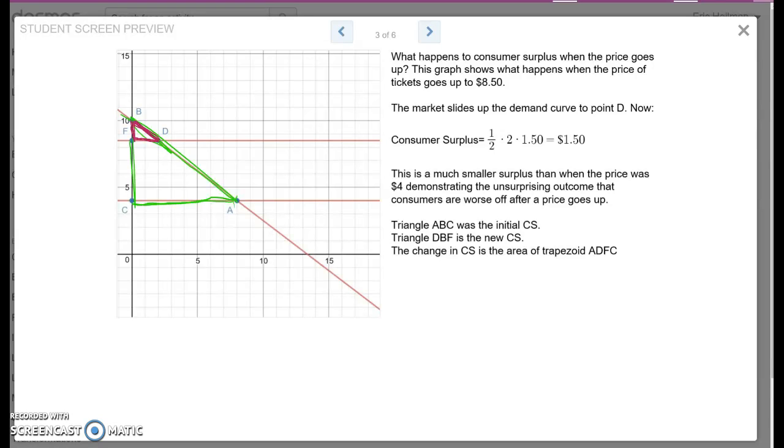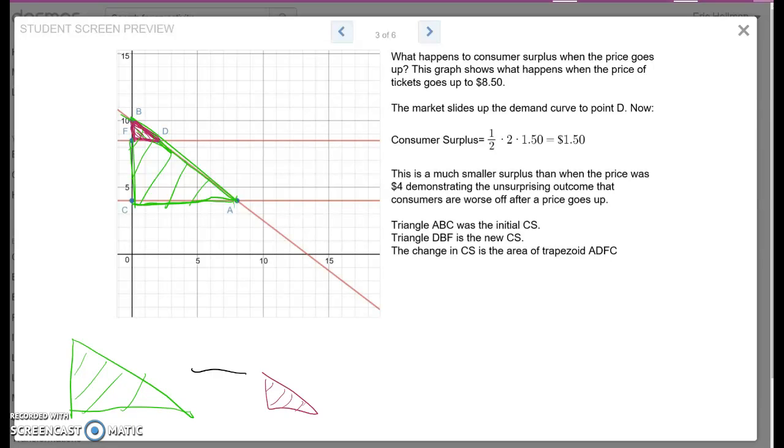So we might want to ask ourselves, how much did consumer surplus change when the price went up? You should intuitively know that consumer surplus will get smaller because higher prices are bad for consumers. But if we want to find the actual amount of change in consumer surplus, it's going to be the big green triangle that we started off with as consumer surplus, minus the consumer surplus at the end, which was just this small maroon triangle.